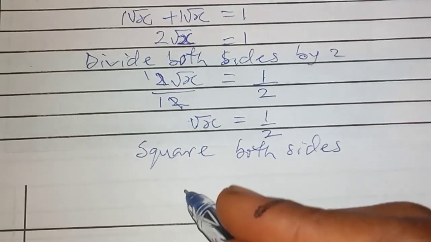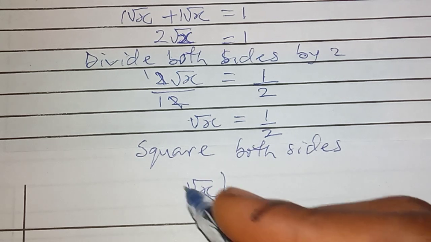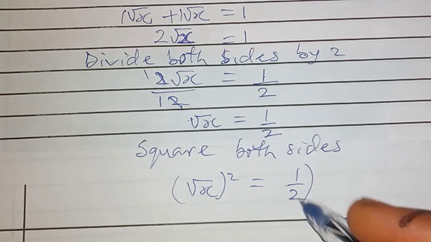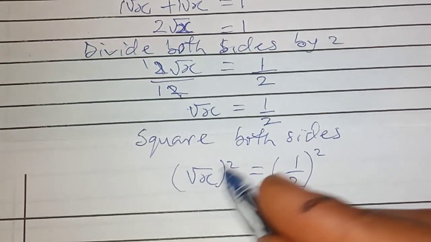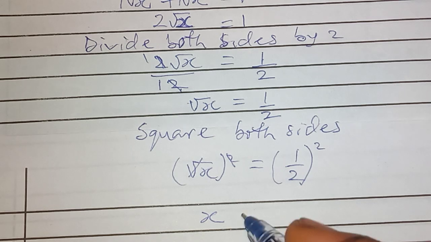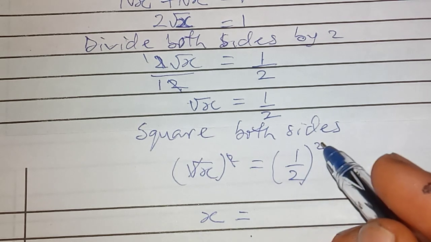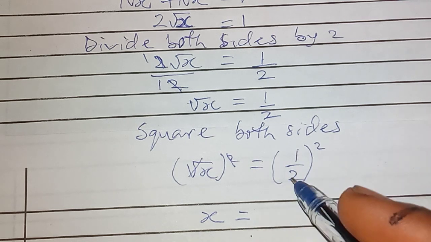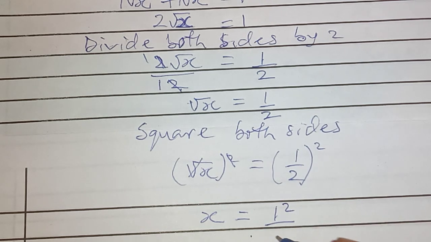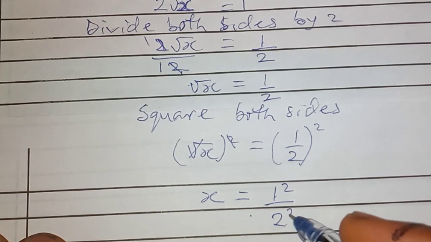So when we square both sides, we have square root of x all squared is equal to 1 over 2 all squared. So the square here cancels out the square root. We now have x is equal to, this square here will affect 1 and also affect 2. So we can write 1 squared divided by 2 squared.